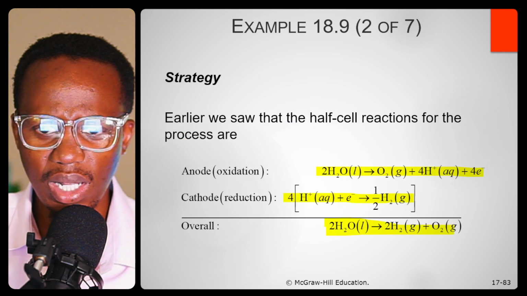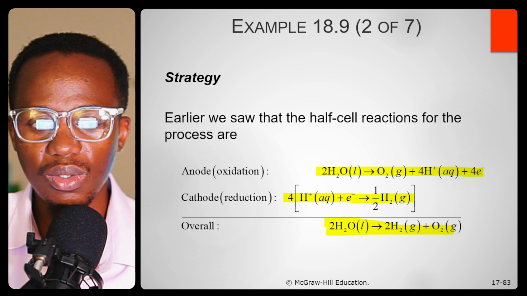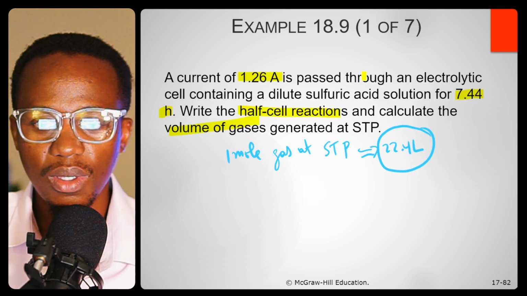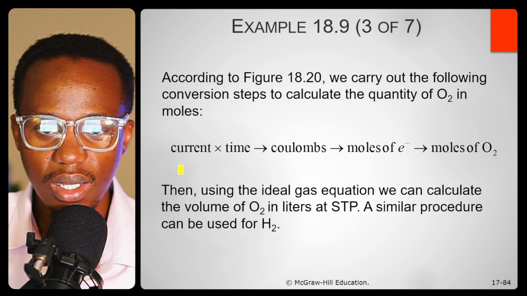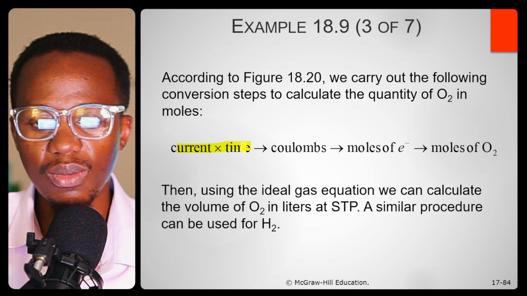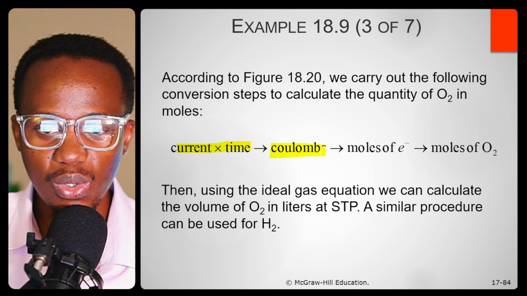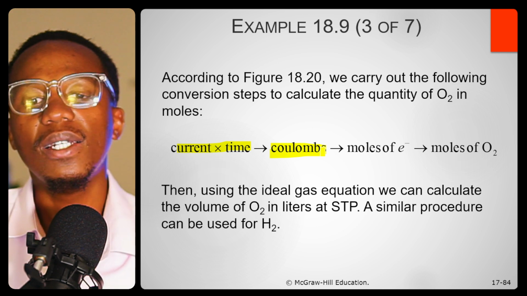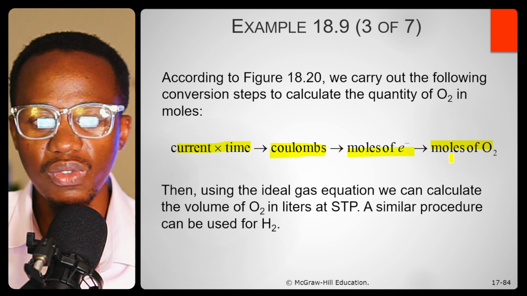It's very easy to calculate the volume, because what we do is, the amperes times the seconds will give you the charge in coulombs, and then from the charge we divide by the Faraday constant to get the moles of electrons, and then from the moles of electrons you get the moles of oxygen.